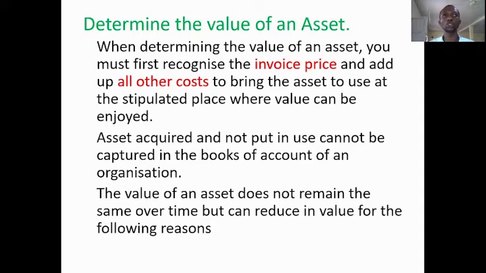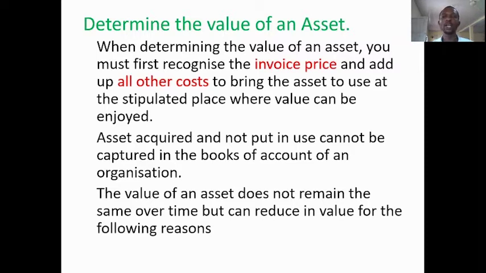Your installation cost and your transportation cost, you cannot write them off against your profit and loss account. No. Rather, you are adding them to the cost of that asset. All of them determine the value of the asset. When you put them together, it forms the value of the asset. So you say that the value of an asset is the invoice price plus any other cost to bring the asset to use. Before an asset can be ready for use, it must be transported and it must be installed.